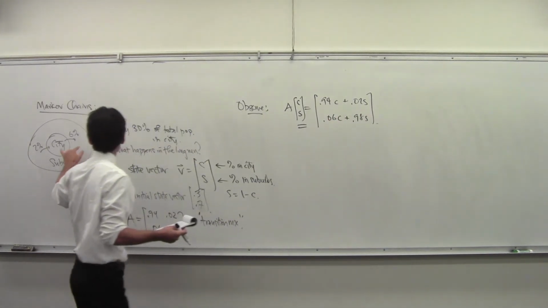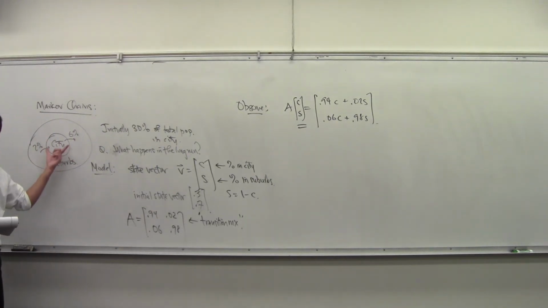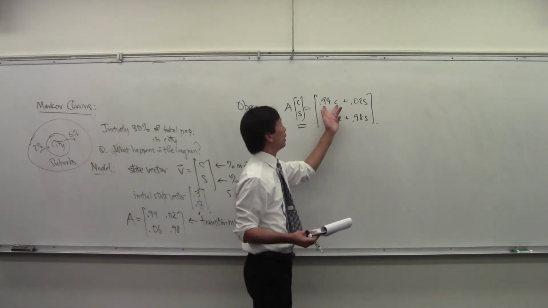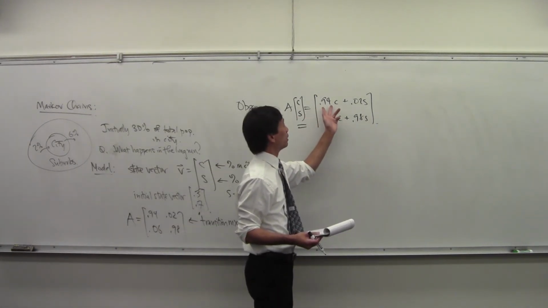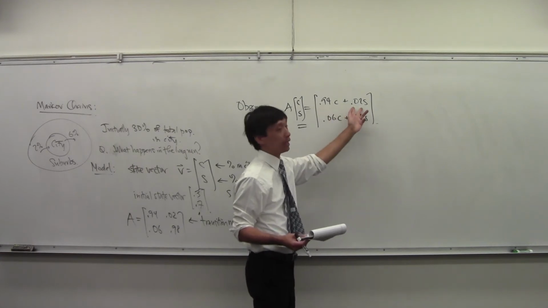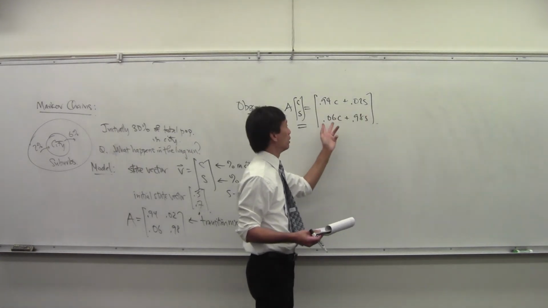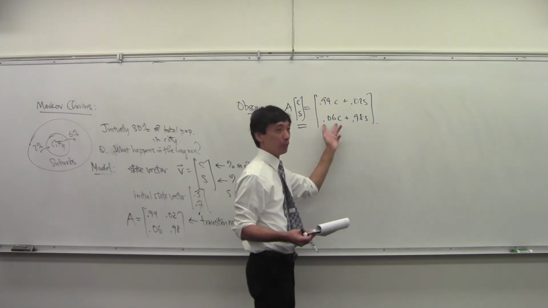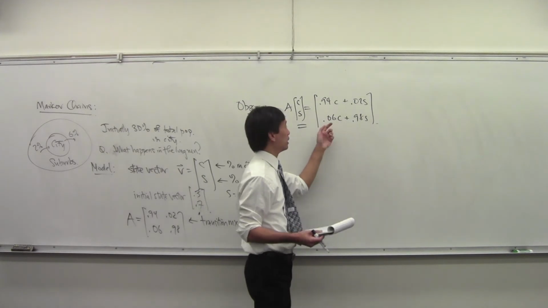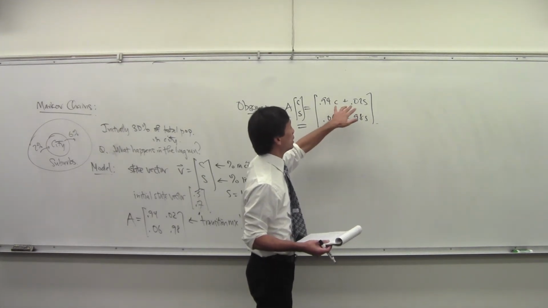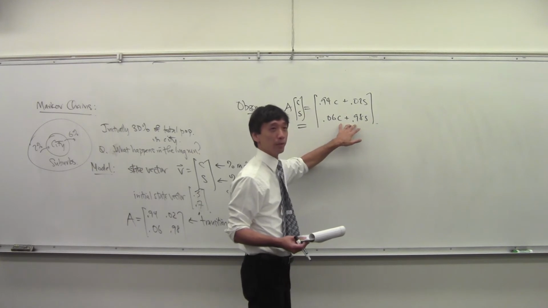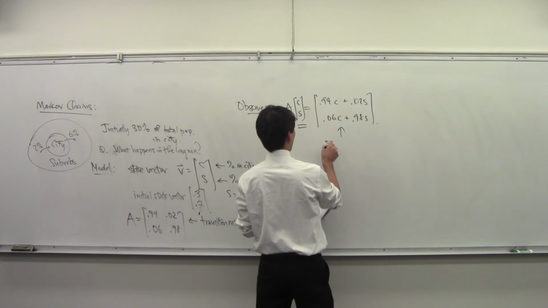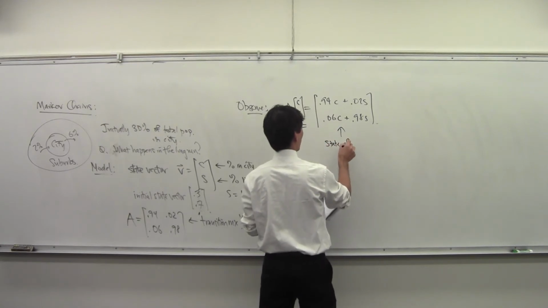In other words, it's saying what happens according to the description: 0.94 of the city population stays, and we gain 0.02 of the suburban population, and 0.98 of the suburban population stays, and you gain 0.06 of the city population. So this is the new state. This is the new C. This is the new S. This is the state after 1 year.